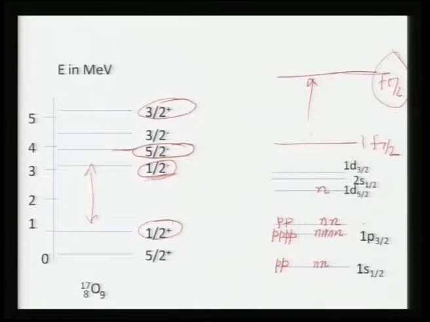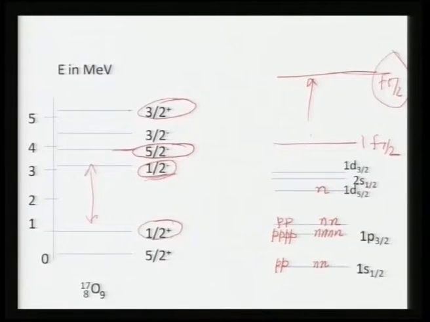If you study it carefully, the only way I can see 5/2 minus at such a lower energy, lower as compared to the f 7/2 and f 5/2 sitting at very high energies, is if this neutron goes here. You put this neutron here, and one of these neutrons breaks and comes here. Okay. So, this neutron comes here, and you have a neutron here and this has gone out.